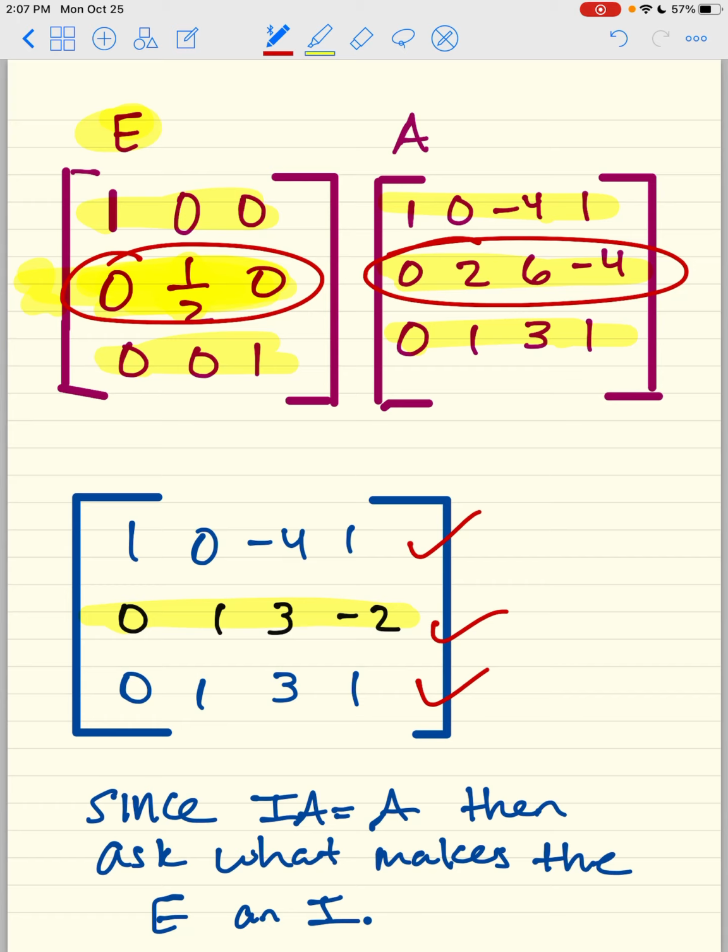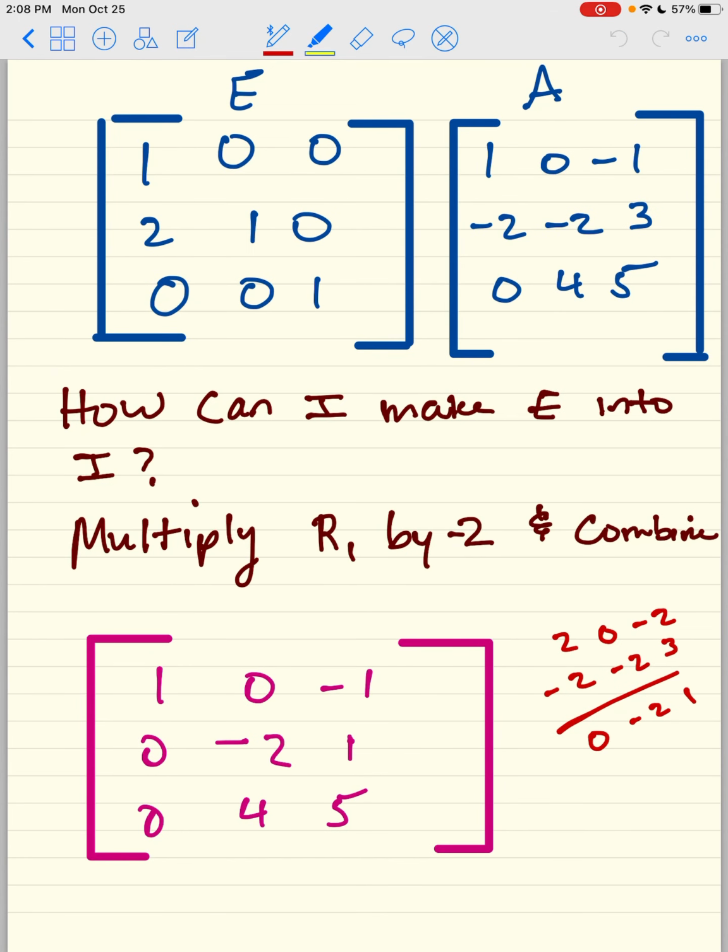Once again, since the identity times A equals A, then ask what makes the E and I, or how did I go from I to E? I should have probably said. Let's take a look here. So 1 0 0, 0 0 1, right? And then I have the ones here, right? 0 0 0 0 0. The only person that's messing me up right now is this person.